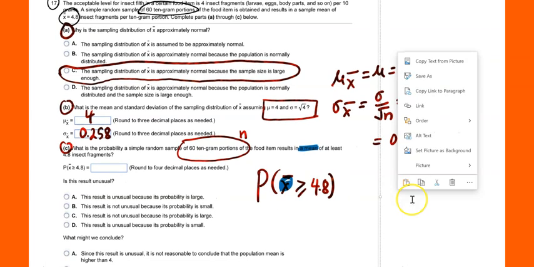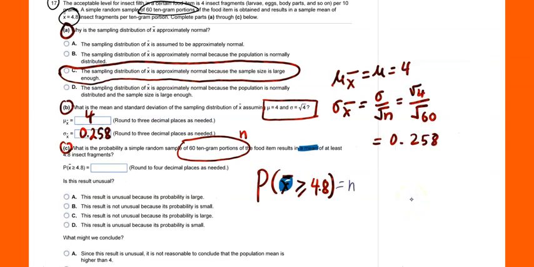Now to find that, we use normal CDF as usual. Since it is greater than or equal to 4.8, 4.8 is the lower bound, and the upper bound is 10 to the power 99. The mean is 4.